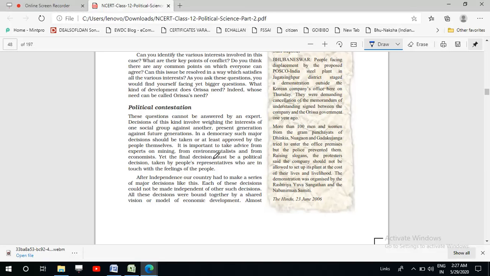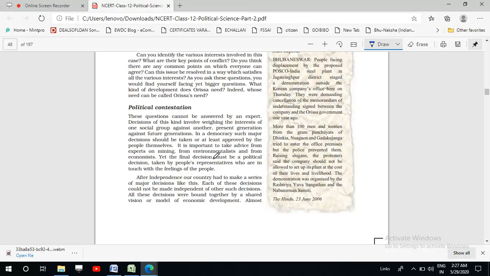So, advice will be taken from the experts, but the final decision will be taken by the political leaders only. Their final decision must be a political decision, because the political leaders, the representatives of the people, are not specialized people.